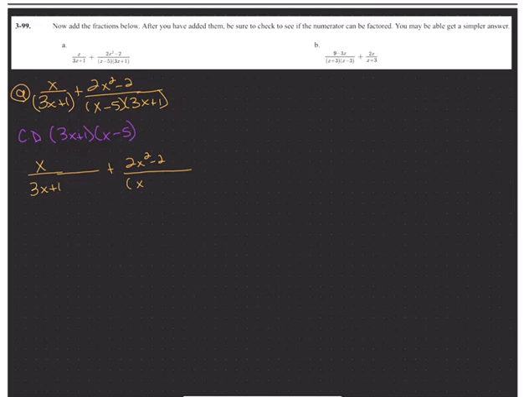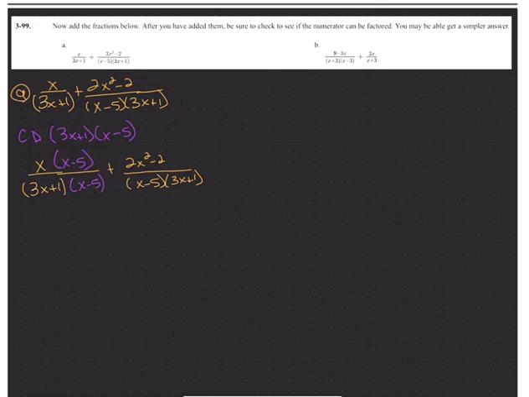And then I had x minus 5 times 3x plus 1. Okay. So when I look at my first fraction, I need to add what to my denominator? I need to add that x minus 5, right? I need to include, I guess I shouldn't say add, I need to include that, correct? Because they're being multiplied. So if I multiply the top or the bottom, I'm multiplying the top by the same thing.